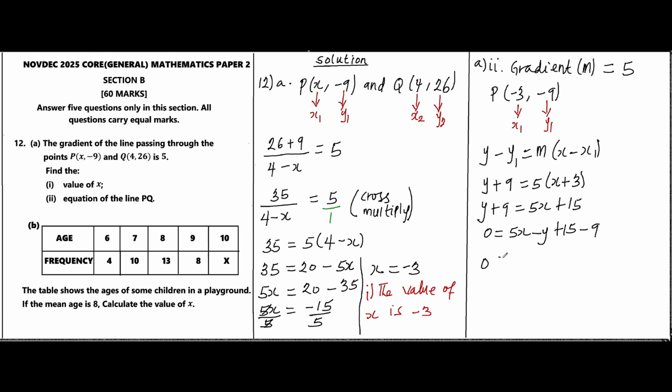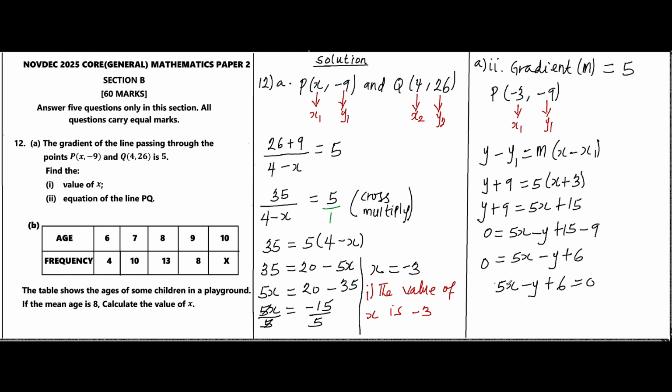So I have 0 is equal to 5x minus y, and then 15 minus 9, that is plus 6. So I have 5x minus y plus 6 is equal to 0.